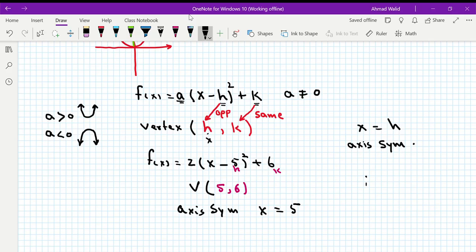It means your vertical line passes through x equals 5. Correct? This information makes your life easy to graph a quadratic function. You are lucky if the function is given in standard form, because you know where the vertex is, easily you know the axis of symmetry, and by plotting a few more points, easily you can graph a quadratic function. You even know if the function opens upward or downward. Correct?